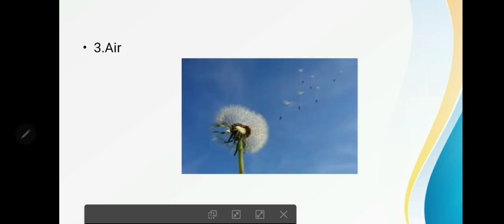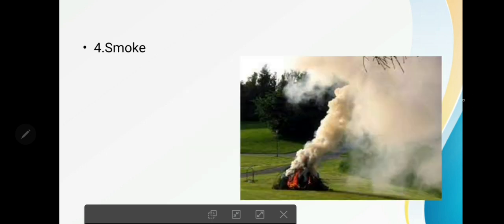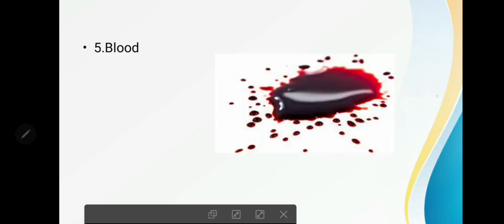We also have the air that we breathe. Since ang definition sa fluid is a liquid or a gas, air is a gas. We cannot see it, but we can feel it. Smoke is still a type of fluid. Blood sa atong veins, no?